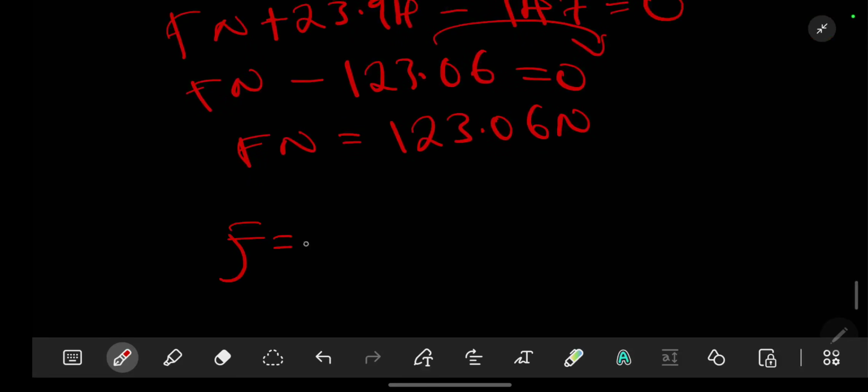The frictional force will be equal to the coefficient of kinetic friction times the normal force.